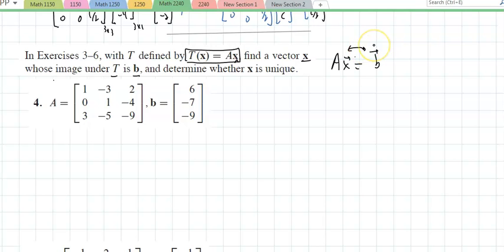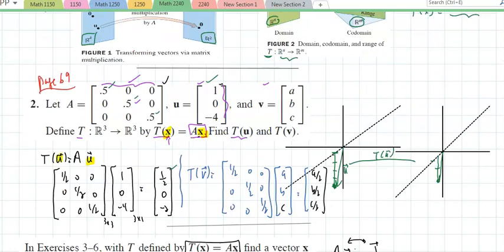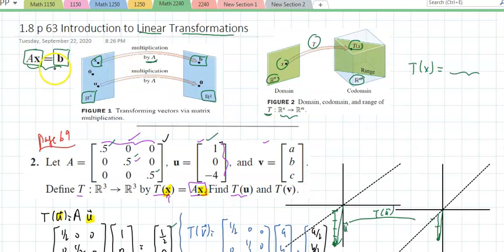And that's the pre-image, right? So transformation, AX equal B. There's X, you take A, apply it on X, and you end up with B. This is the image, and this is the pre-image. This is domain, and this is range. Range is the image.